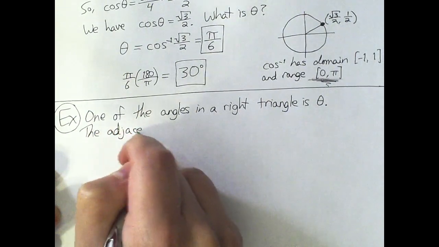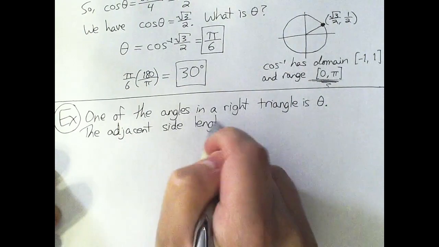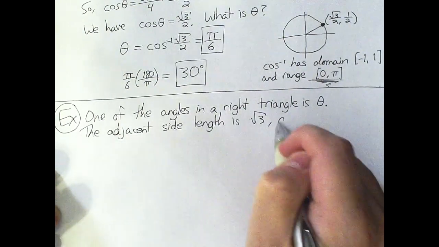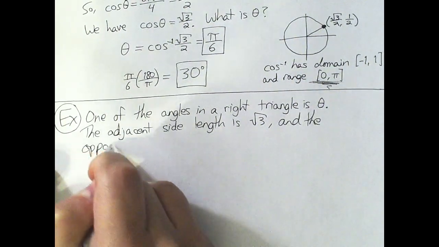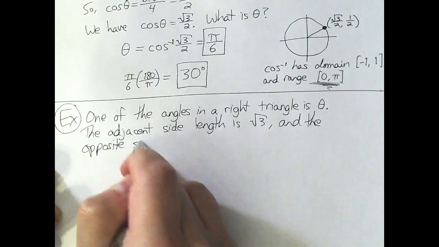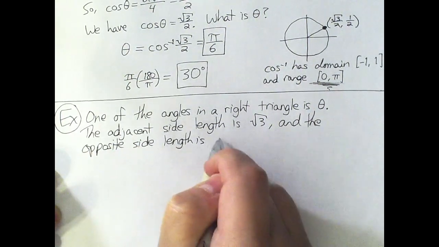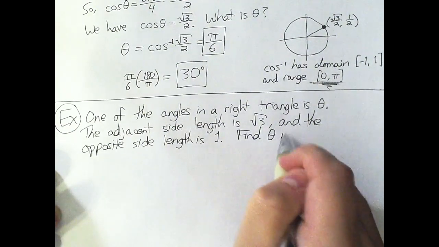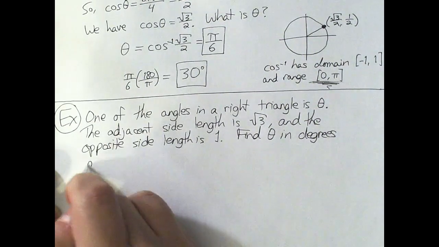The adjacent side length is square root of 3. And the opposite side length is 1. Find theta in degrees and radians.